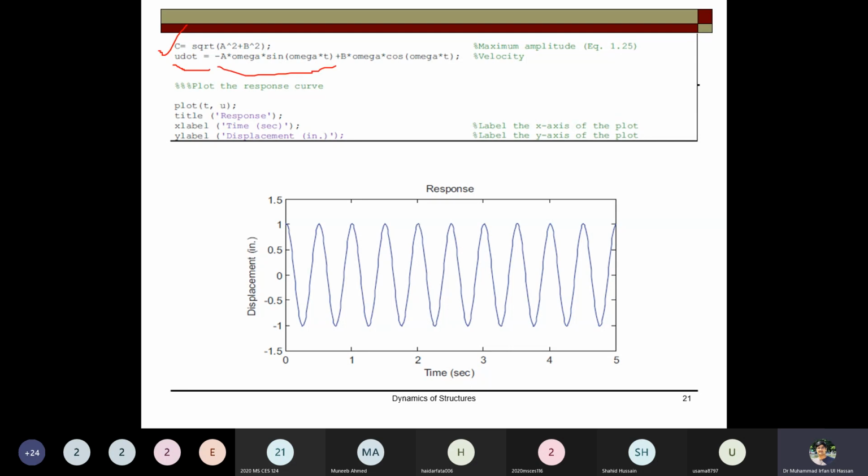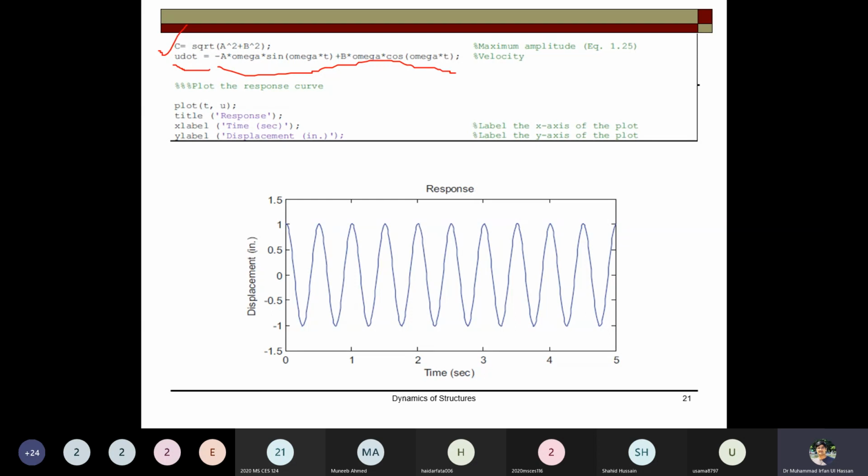You can determine the u naught, and now you can plot the values. Also calculate u naught and omega; divided by omega, you get u naught over omega. You have the amplitude. Now you can plot all the responses.